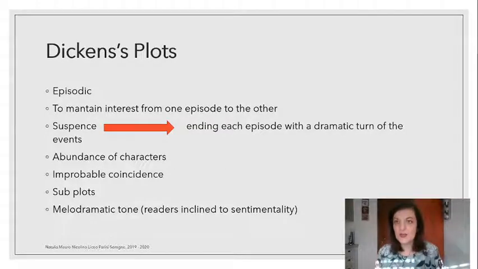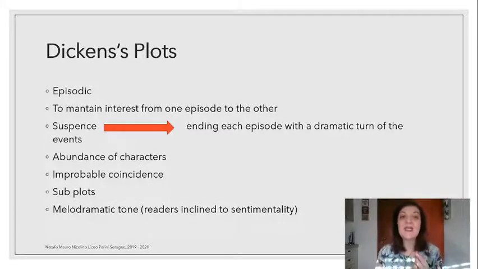They are episodes, as the episodes of a TV series. Sometimes you say, oh, what is the connection between this episode and the one which I saw before? This means to have an episodic structure. But the importance of the fact that Dickens's novels were published, as we have seen, all of them in installments, in periodical publications, made Dickens use some tools.